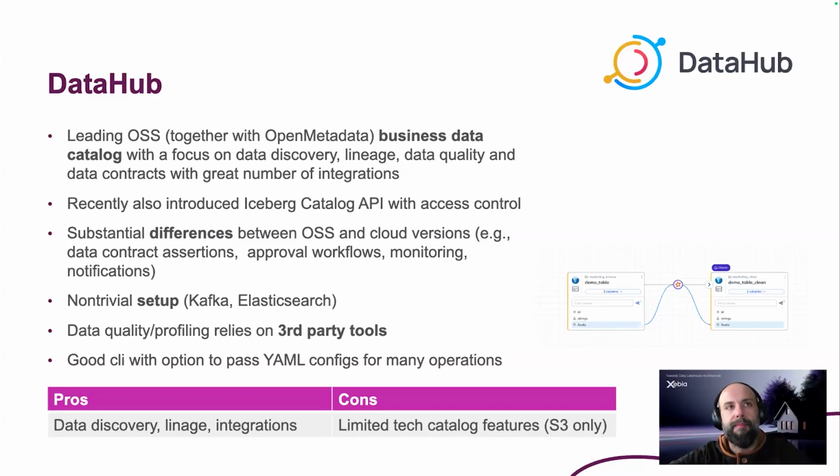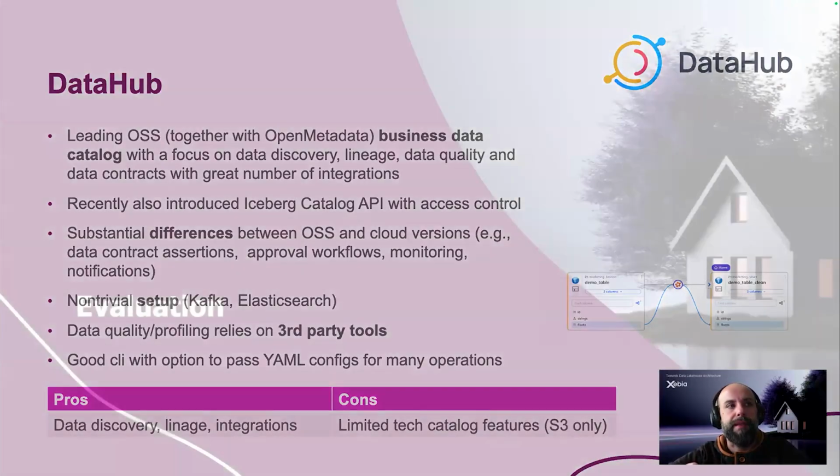Many enterprise grade features like data contract assertions, approval workflows for datasets, and monitoring and notifications are not available in the open source version. So in such a situation, you need to also consider the paid cloud version. On the pro side, there is data discovery and integration with many sources, but on the cons, the support for technical catalog features is still limited.